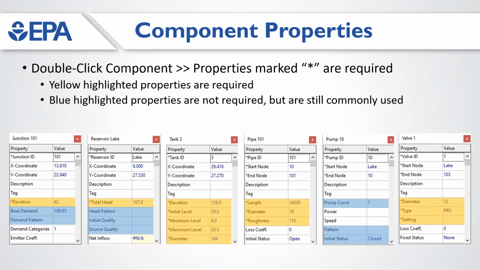So examples are for the junctions, you need to provide the elevation, but commonly people provide some base demand or a pattern associated with that. And so here's just highlighting some of those that might be useful to get your simulation started. And as you learn more through these tutorial applications today, you'll understand the values and information you can provide in there. Next slide, please.